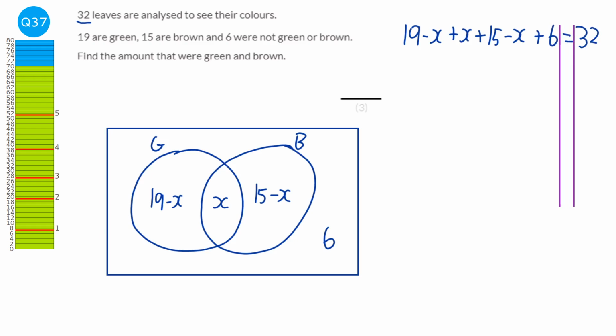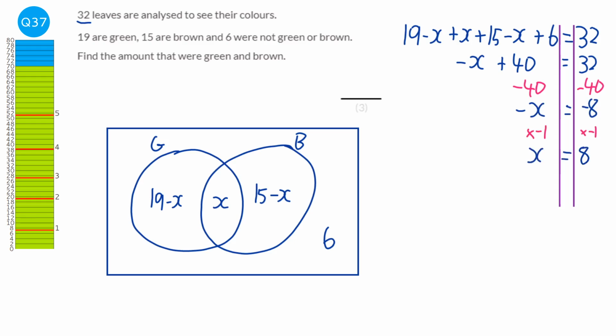So we've got minus X and minus X, that's a minus X. And we've got 19 plus 15 plus 6, which will be 40, equals 32. We're going to take away the 40 from both sides, and then we can times by minus 1 on both sides to make them both positive.